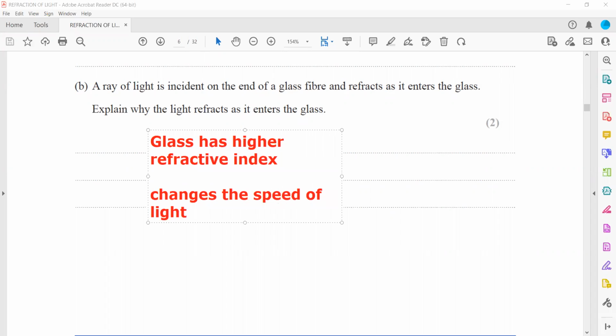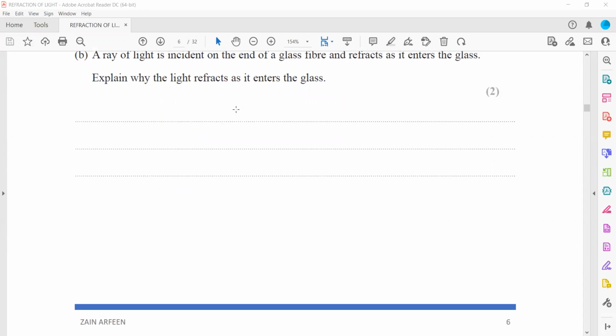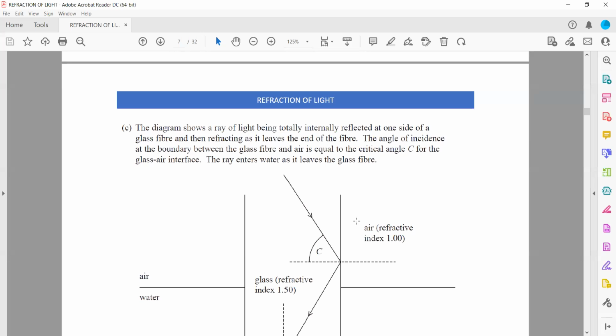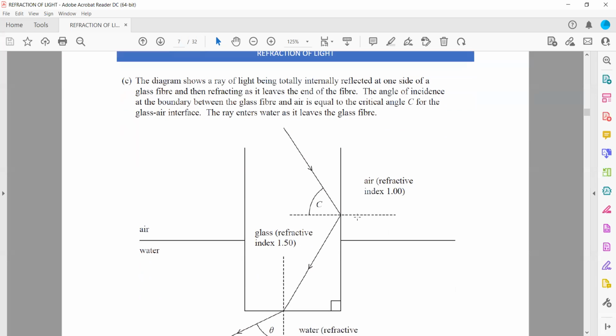When the speed of light changes, or the speed of a wave changes, you can use the term light or wave as well. So due to a change in speed or a change in direction, both refer to refraction. But speed is always changing, while direction may change or sometimes may not change.